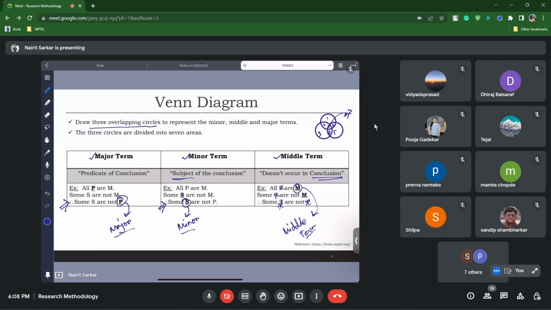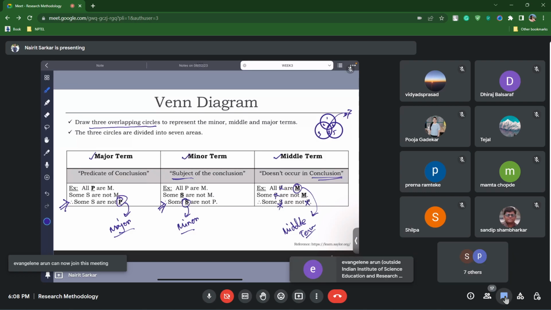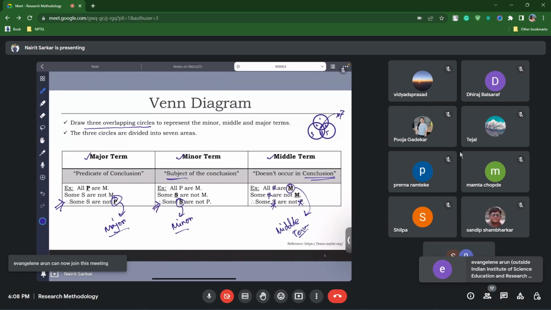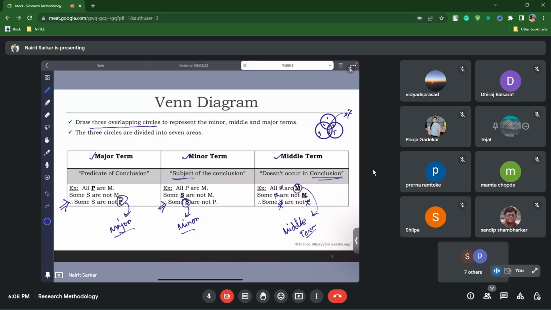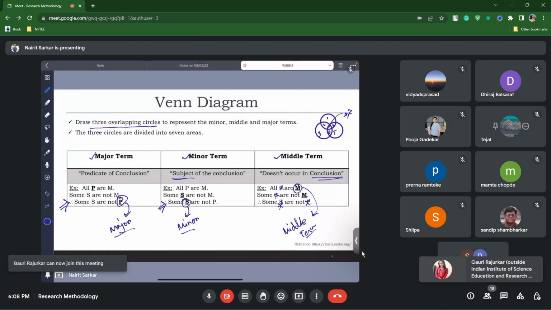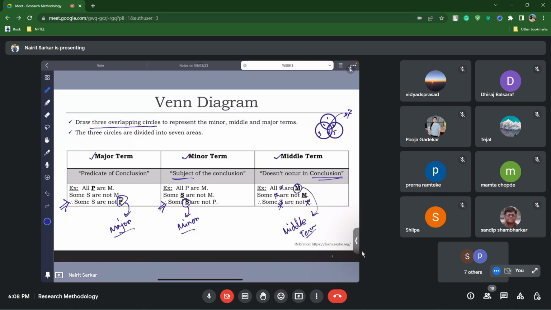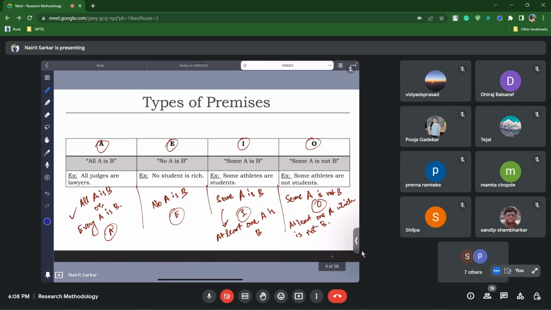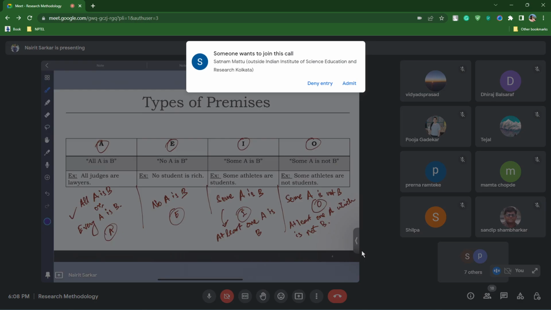Okay. Anyone? Any confusions till now about what major, minor, and middle term are? I'll give you 1 to 2 minutes to think about it. Is this okay? Major, minor, and middle term, and then type of premises.